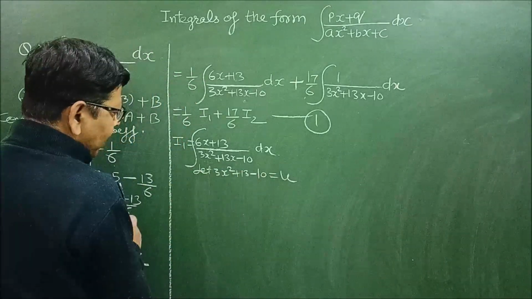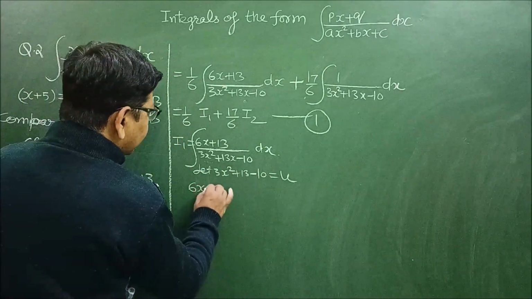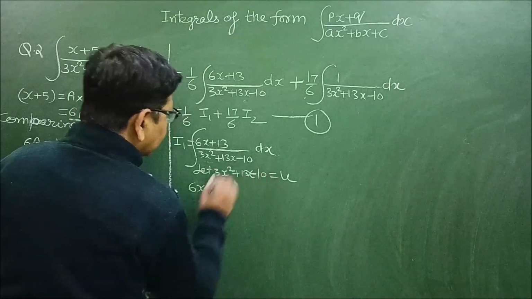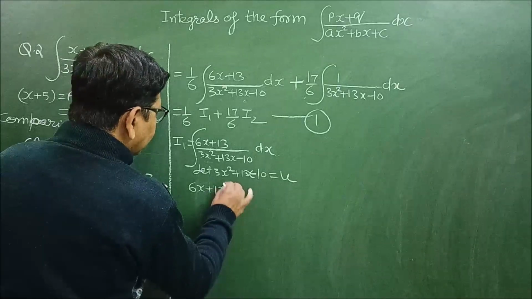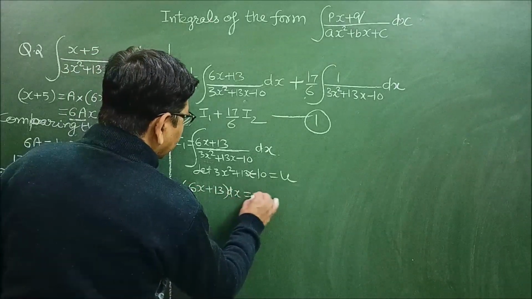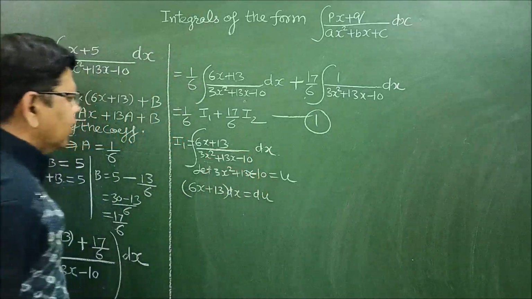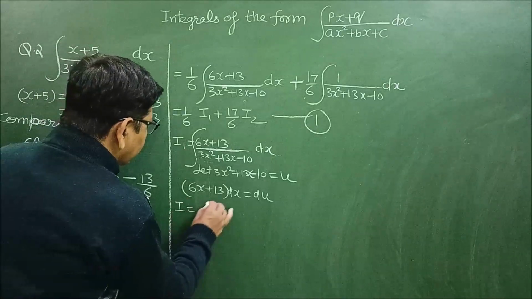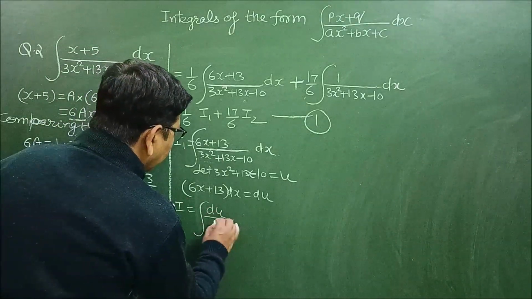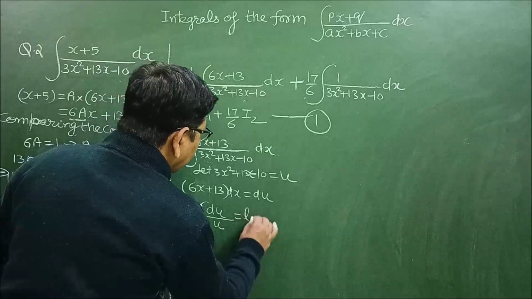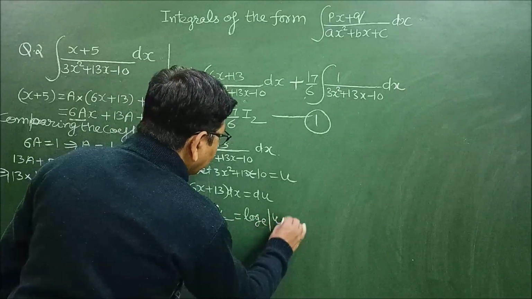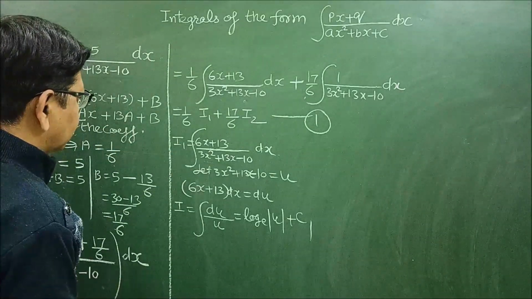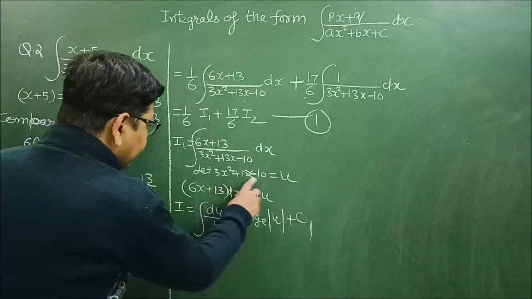On differentiating both sides, we get 6x plus 13 dx is equal to du. So here we can replace 6x plus 13 dx by du. So this integral reduces to integral of du upon u, which is equal to log mod u plus some constant c1, and the value of u is here 3x square plus 13x minus 10.